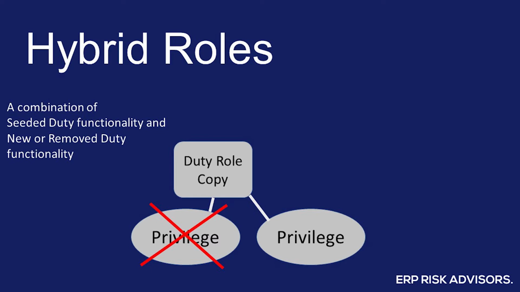And then they create a new custom job role, but they use the seated duty roles that they did not change and the new custom duty roles that they did change. So now you have a custom job role because it's a copy of the original and it has both seated duty roles and custom duty roles within it. We call that a hybrid because it's partial custom and partial seated.